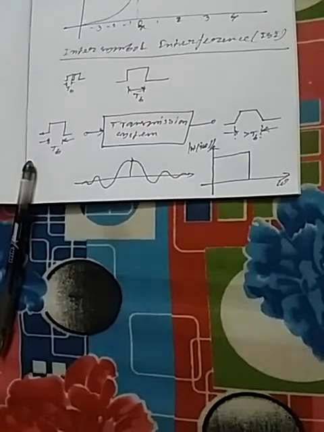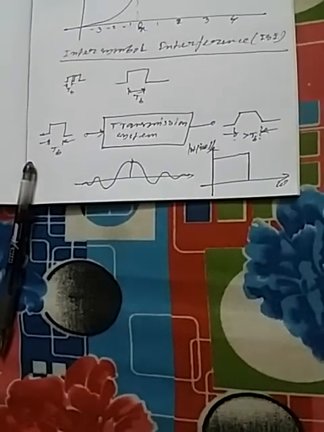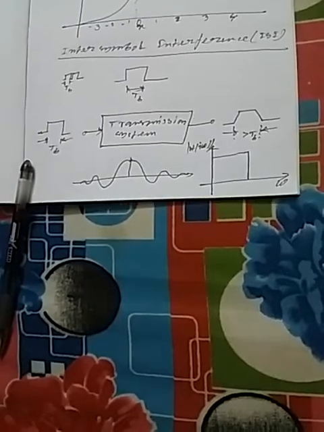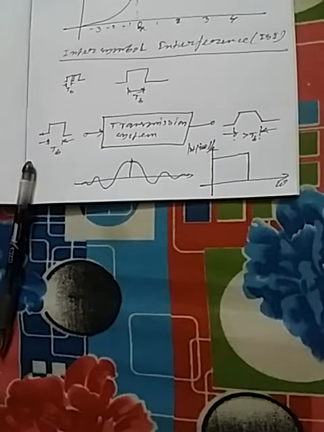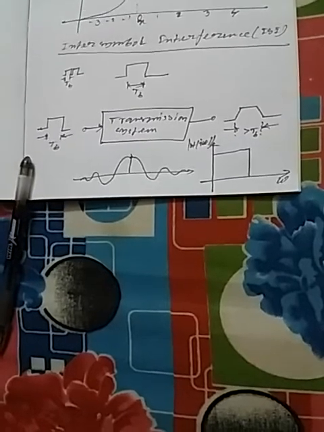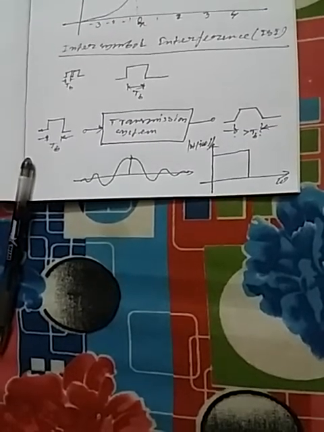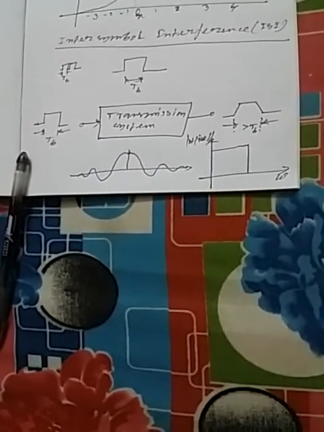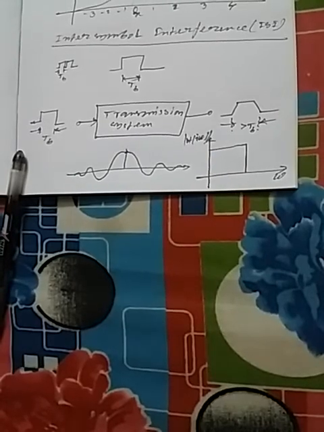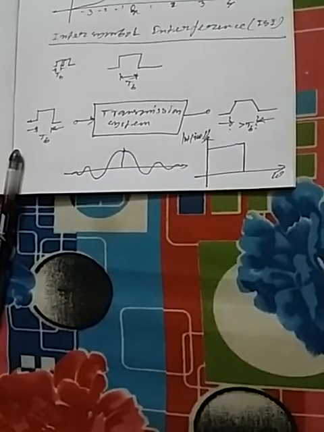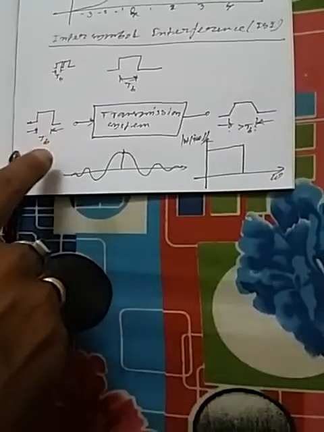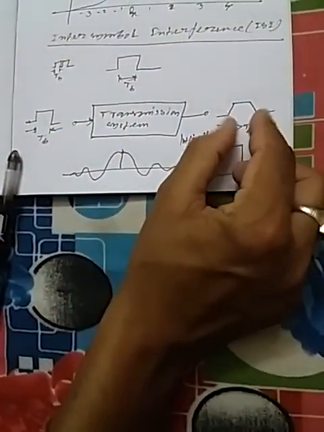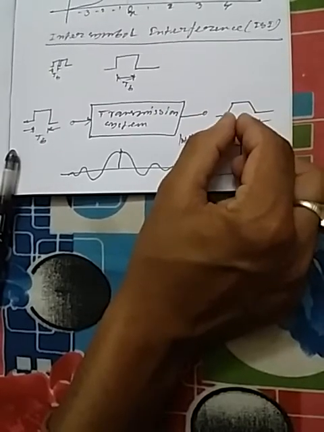So from this video, what we learn is what inter-symbol interference is. In digital communication we are basically transmitting binary pulses in the form of binary bits. If one bit interferes with another bit, then it is known as inter-symbol interference. Inter-symbol interference in a transmission system increases the bit duration.